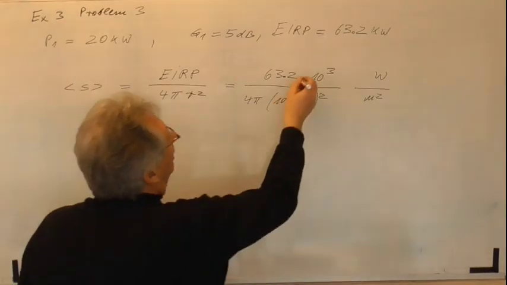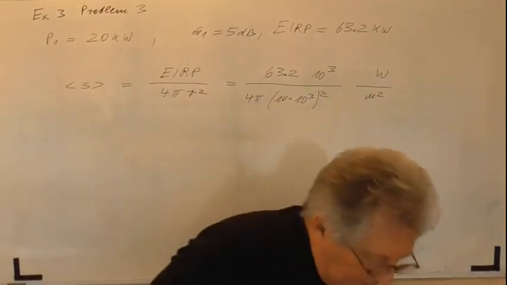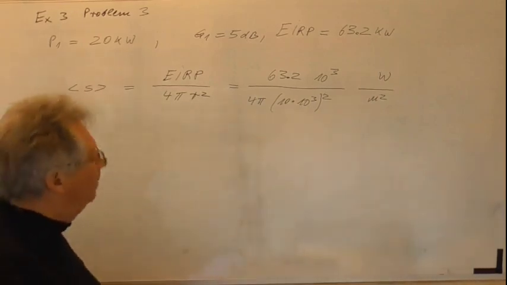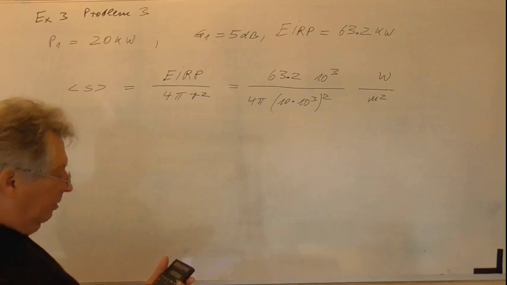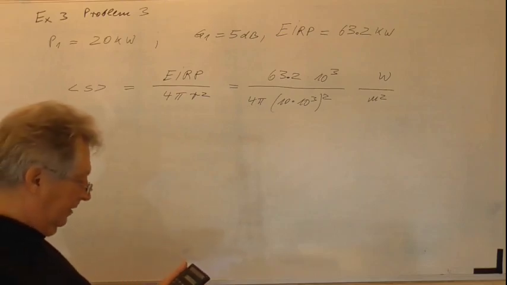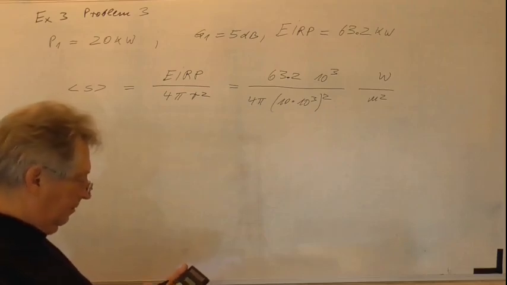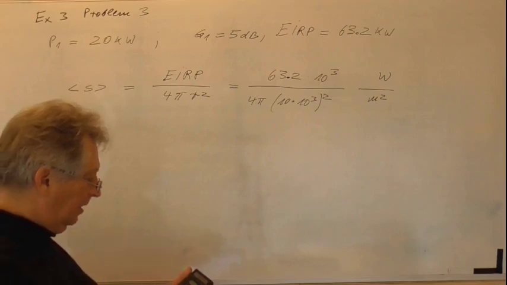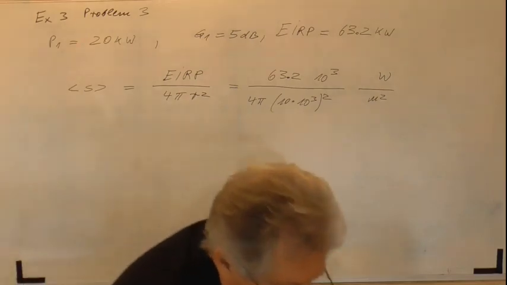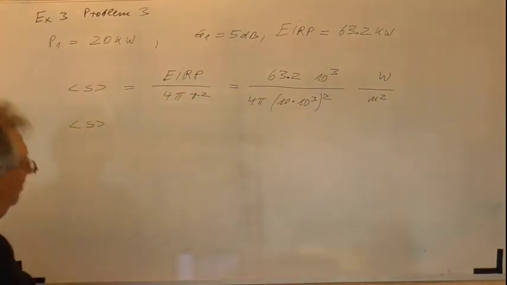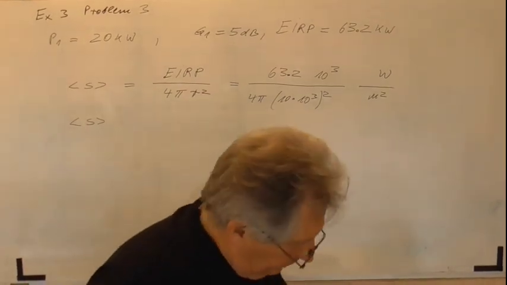So of course you have to calculate these numbers, and yeah, I can do it. 63.2 times 10 to the power of 3 divided by 4 divided by pi divided by 10 to the power of 4 squared, and then we will get S, the time average pointing vector.